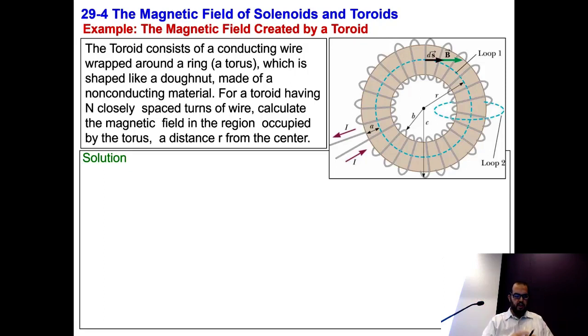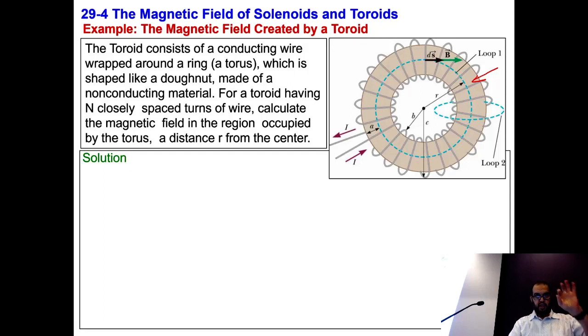So this is what is called a toroid. It consists of a conducting wire wrapped around a ring, a torus, so it's like a donut. The wire is wound around this donut shape, which is made of a non-conducting material.